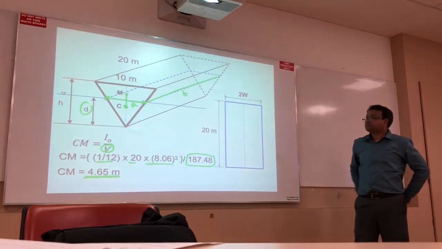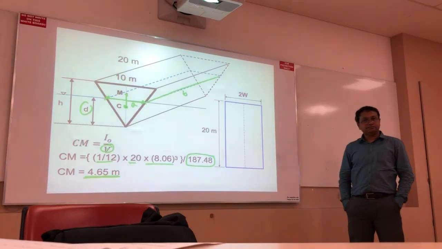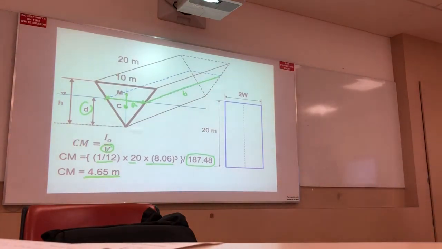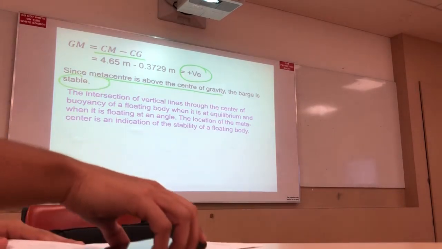Correct? Yes. Okay, so now you understand the system is stable. I show here GM, CM minus CG, which is a positive number. So the metacenter is above the center of gravity, so very stable.